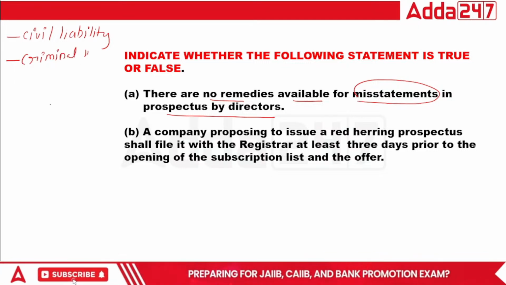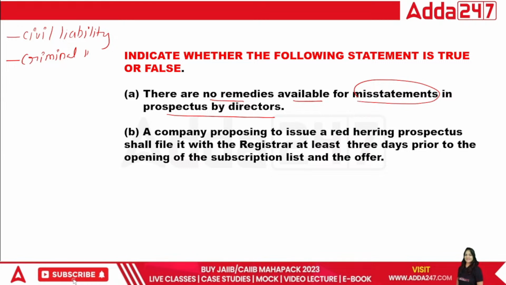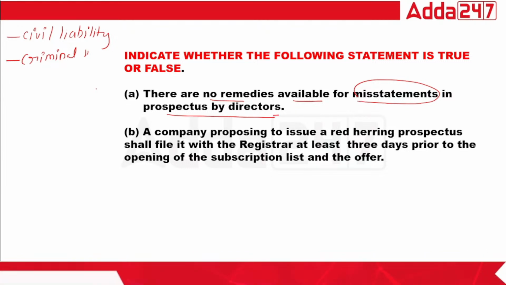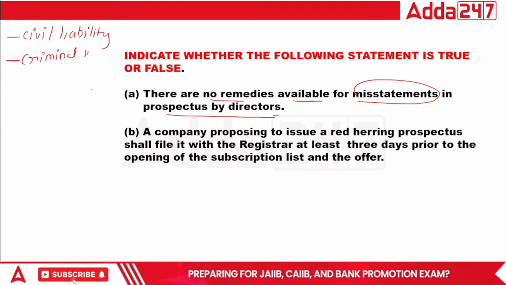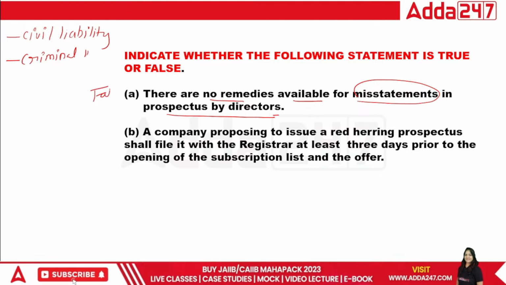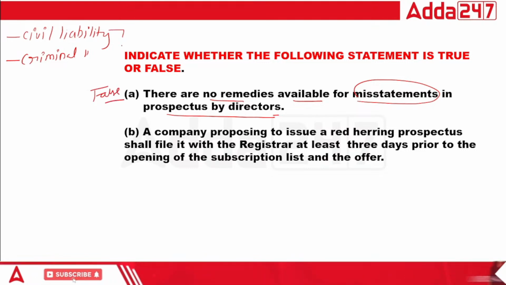Right? So no remedy available for misstatement of prospectus by director, that is a true statement. The answer is absolutely what? Answer is absolutely no. That is false because the liabilities are there.